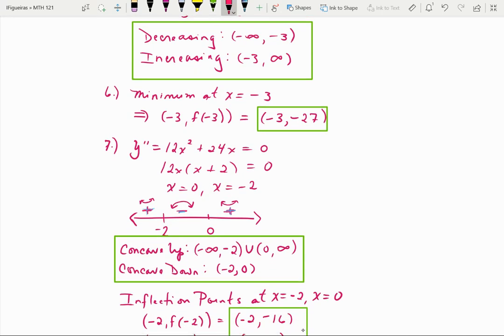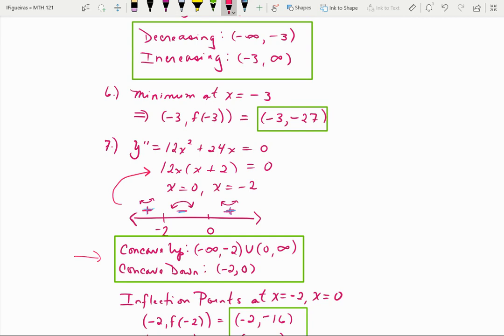If you pick something less than -2, plug it into your second derivative, you get a positive result. Pick something between -2 and 0, you get a negative result, and something greater than 0 will give you another positive. So it is concave up from -infinity to -2, then from 0 to infinity, and it's concave down in between, at -2 and 0.